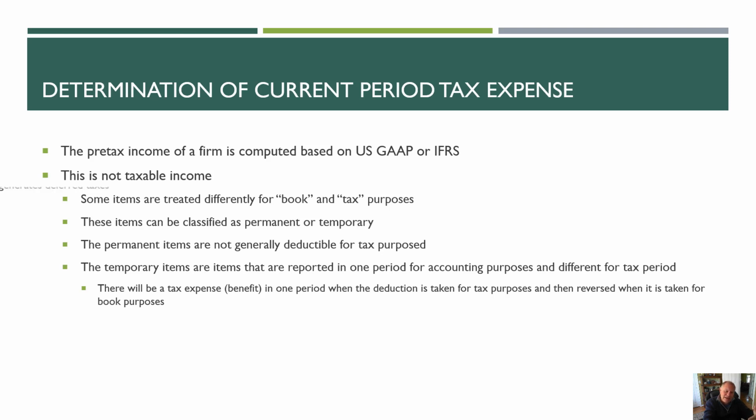That temporary item generates deferred taxes, which is a liability, and it can be classified as will it reverse within a year or will it reverse in a period greater than a year. So these are some of the concepts that we have. Key for you, pre-tax income is computed based on GAAP, which is different from taxable income. Some items are treated differently for book and tax, permanent or temporary.